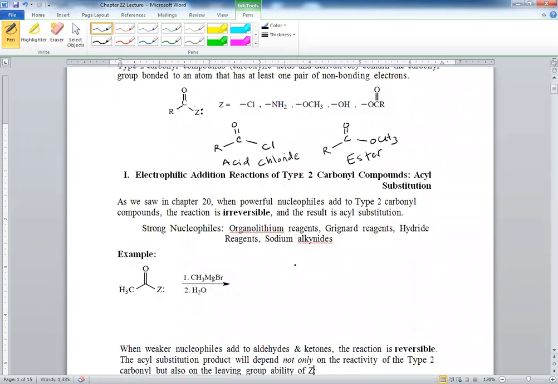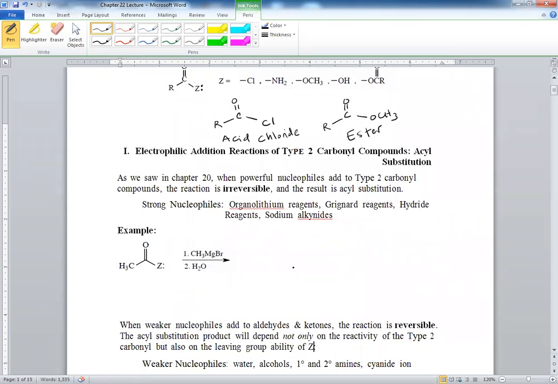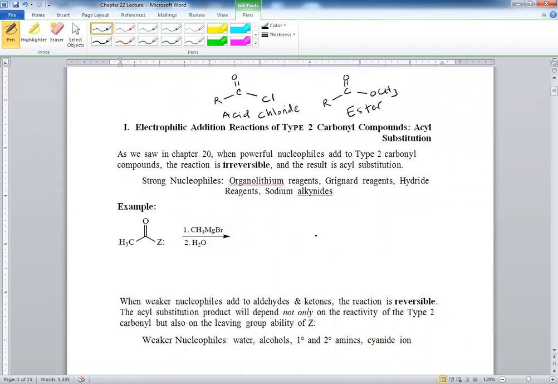So let's talk about type 2 carbonyl compounds and their reactions. We saw again in Chapter 20 that when we used powerful nucleophiles, organolithium reagents, the Grignard reagents, hydride reagents, and sodium alkanides, the reaction was irreversible.